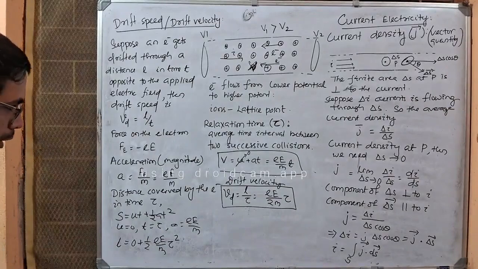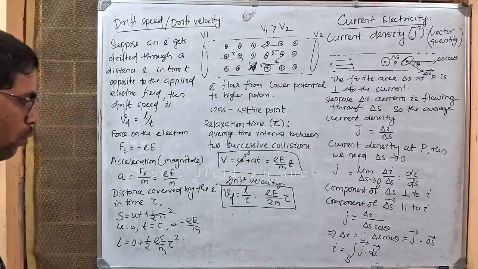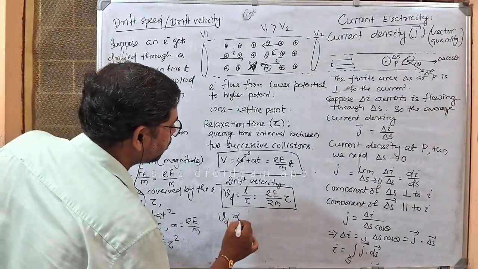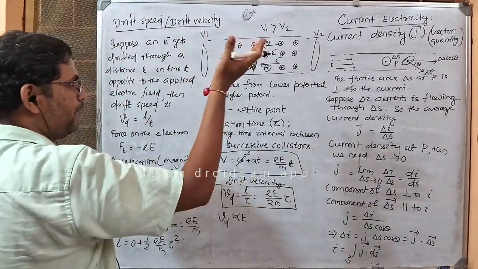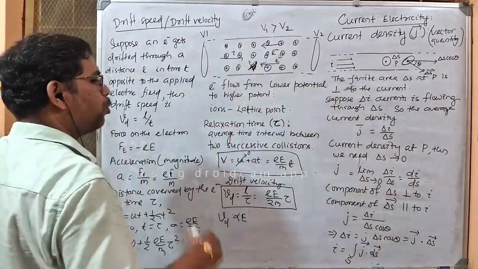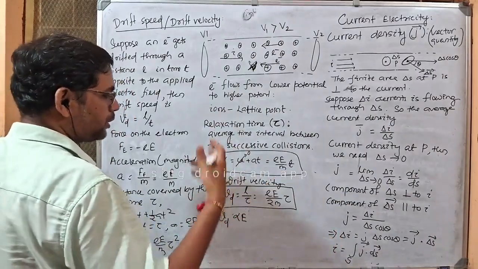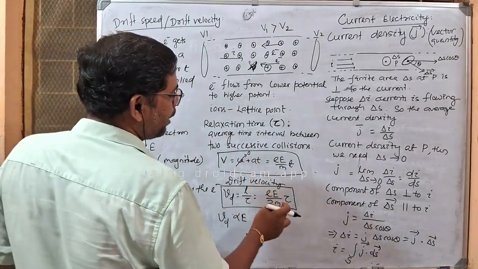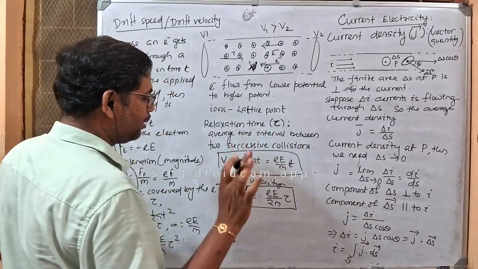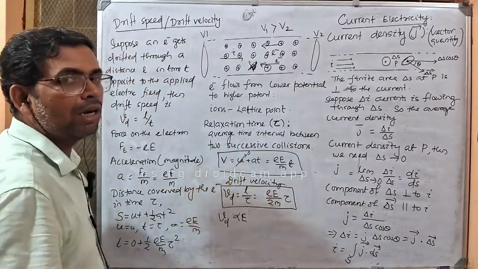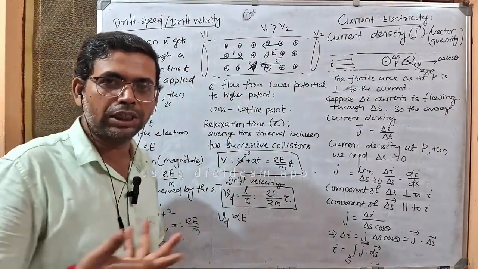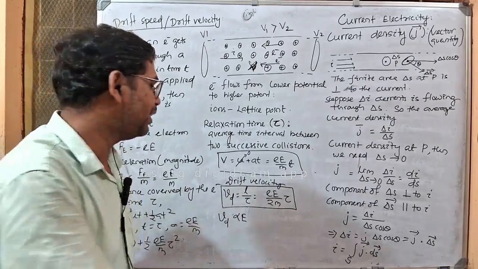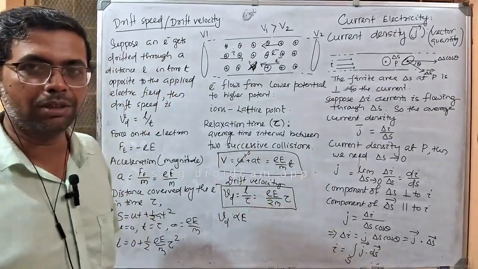We know drift velocity depends on the electric field: Vd is proportional to E. The more the electric field, meaning more potential difference, the faster will the electron move. But this e of m, we cannot change, so we cannot say Vd depends upon the electron charge, because we cannot change the electronic charge. We cannot make it 3.2 into 10 to the minus 19 coulomb. So it is not meaningful to say Vd is proportional to e, because e is not going to change.